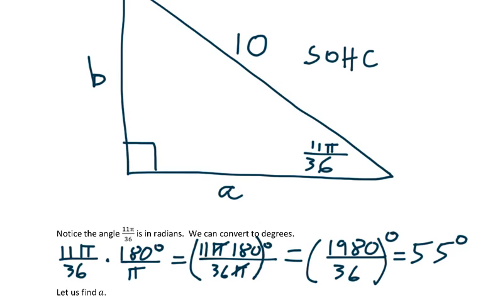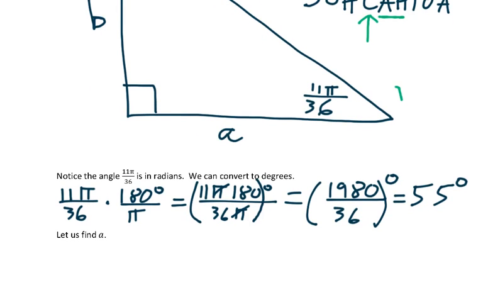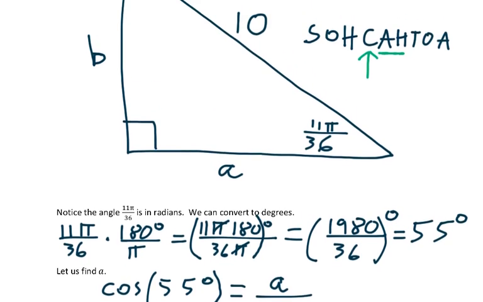So, by SOHCAHTOA, right, which is what we're doing, we have adjacent and hypotenuse here. We're going to use cosine. That's what the C stands for. So again, we have cosine of the angle is adjacent over hypotenuse. So cosine, again, the angle we just did is 55 degrees, okay? And that's equal to A, our adjacent, over our hypotenuse, which is 10.